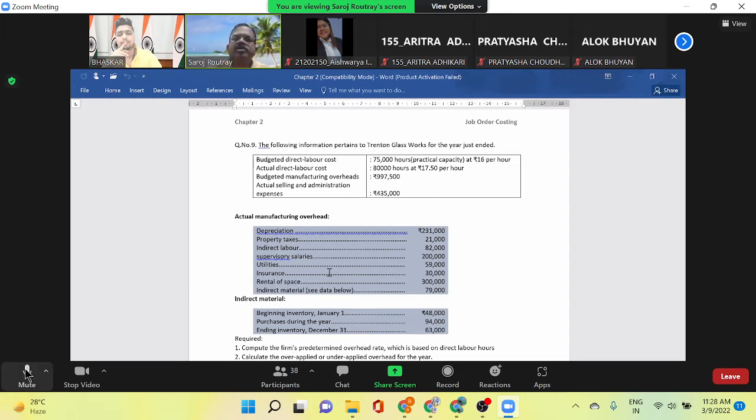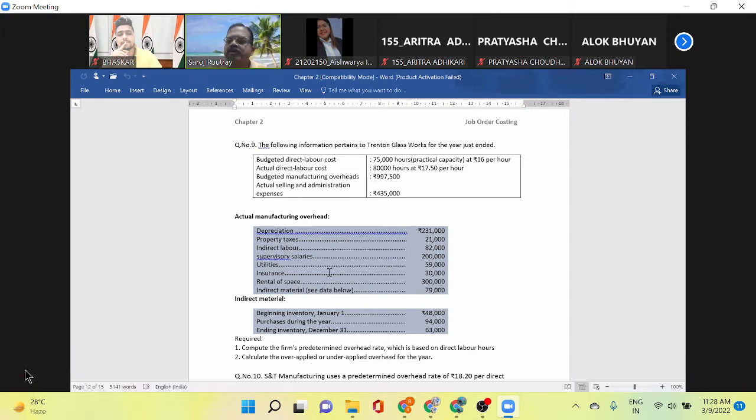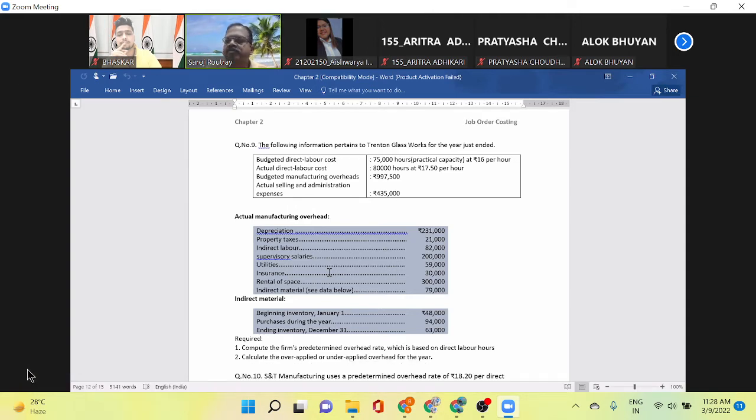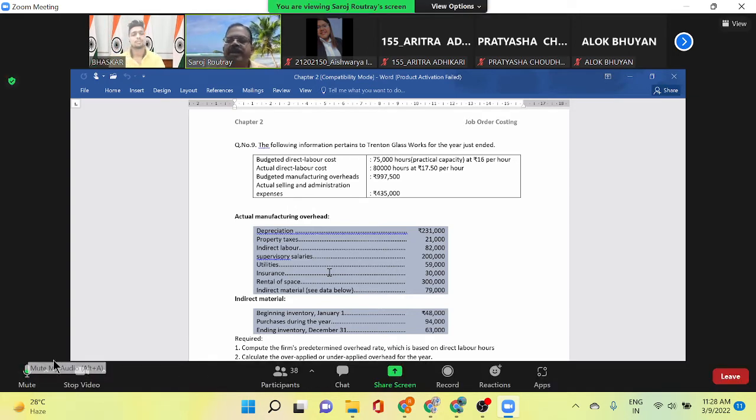Labor cost is calculated for how many hours the laborers have actually worked, right? So laborers have worked for 80,000 hours and the rate per hour is 17.50. This is the labor rate. That will be the total labor cost, the actual labor cost. And that has got nothing to do with this.